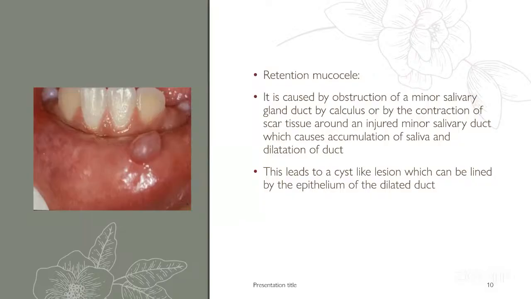And transillumination is positive for this lesion. And also aspiration can yield a mucus-like fluid. And it is important to differentiate this from vascular lesions like hemangioma, varix, etc. And treatment will be surgical excision, laser surgery can be done.